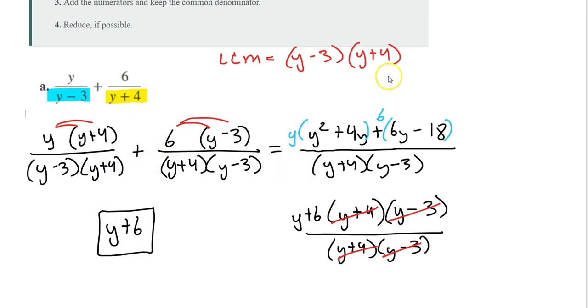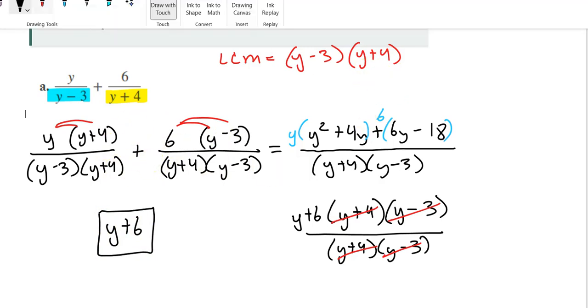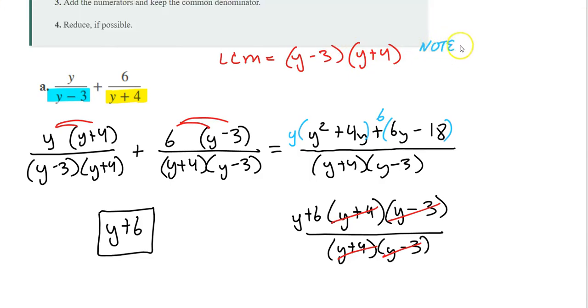Some rationale. Let's put this up here, and I'll do this as a note. Why did I do it this way? Well, let's look at something like 1/2 plus 3 over 6.